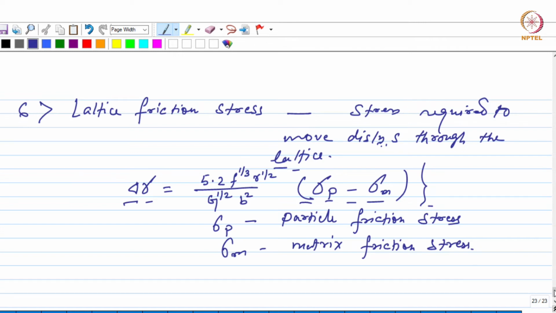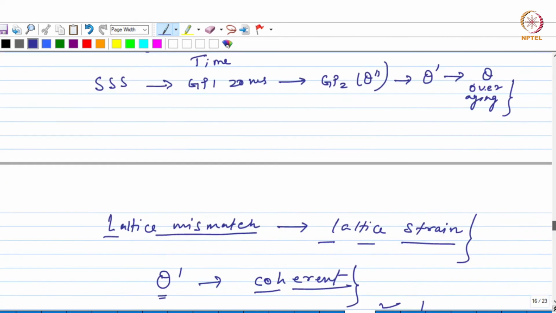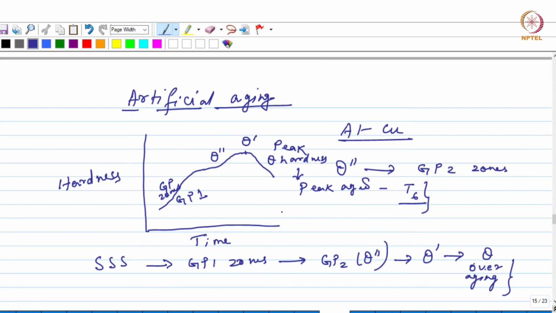Now if you go back to this diagram over here, this particular diagram which depicts the hardness increase with respect to time or the sequence of the precipitation phenomenon, you can see that after the precipitate forms, there is a decrease in the hardness.